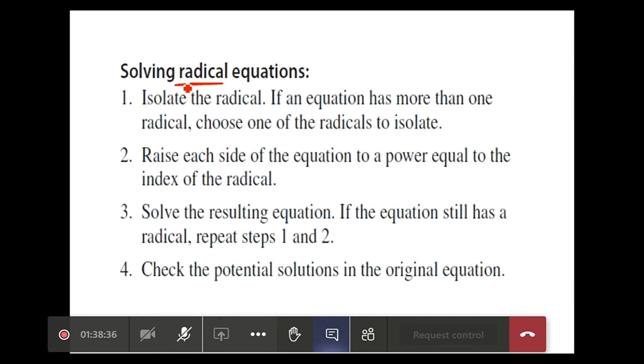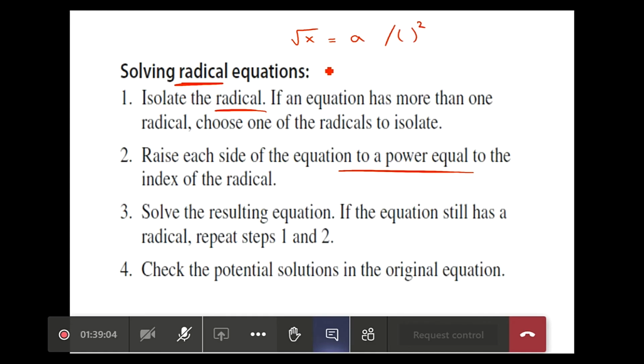Sometimes we have a radical. If we have a radical, firstly put the radical on one side and any numbers on the other side. Now take the power for both sides. If we have, for example, the square root of x equals a, take the square of both sides.